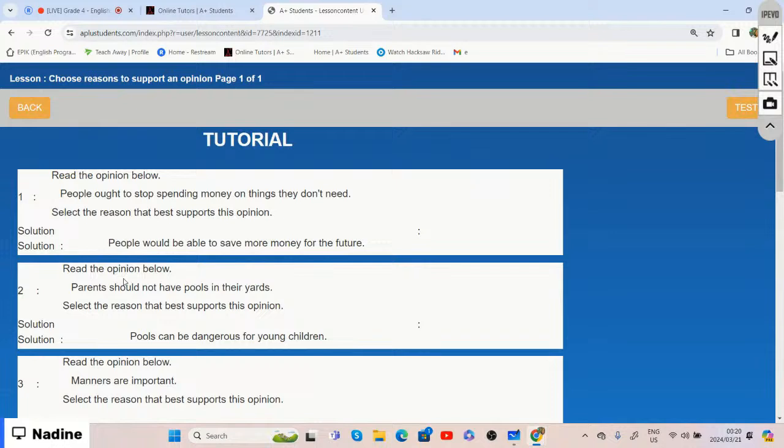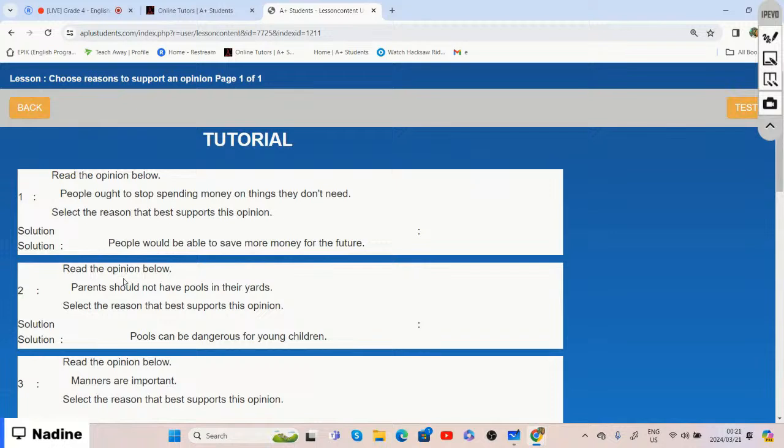All right, so if we look at the opinions, we need to read the opinions below.